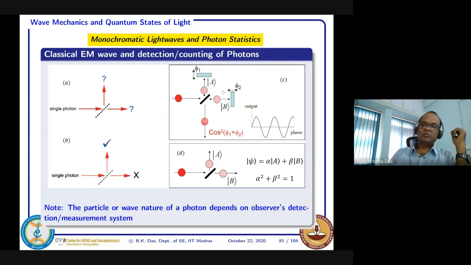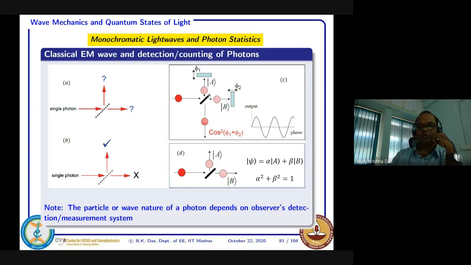So this phase phi 1, phi 2, you can actually calculate from your classical point of view: the path length, velocity, and so on. Now if the photon exists in both the arms, what would be the outcome in this port here?